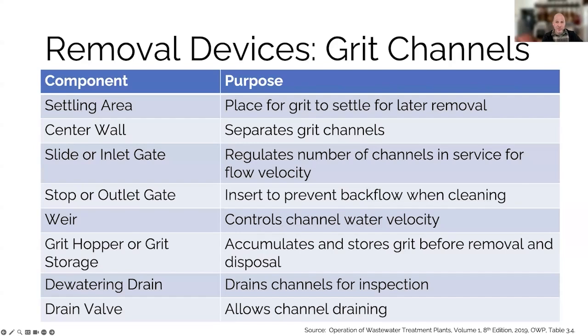Again, I've got a slide in here with some vocab for you that you can study on your own, but pretty much all grit channels will have these components, and you will be expected to know what they are and what they do. So, you know, that a weir controls channel velocity, that you typically have a drain valve so that you can drain the channel for inspection or work on it.